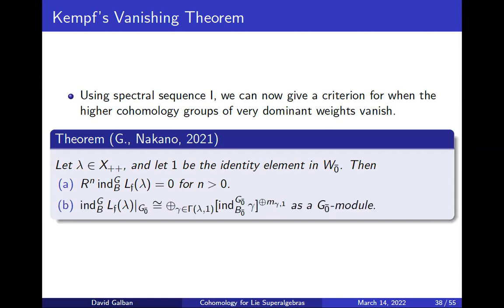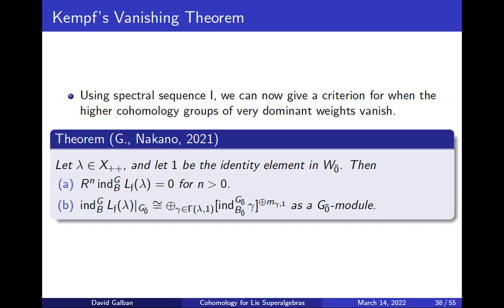It will also turn out that if we look at the restriction of the induction of L of lambda down to G0, we can write this as a direct sum over all weights gamma in big Gamma of lambda comma 1 of induction from B0 to G0 of gamma, direct sum with a number of copies given by the multiplicity.